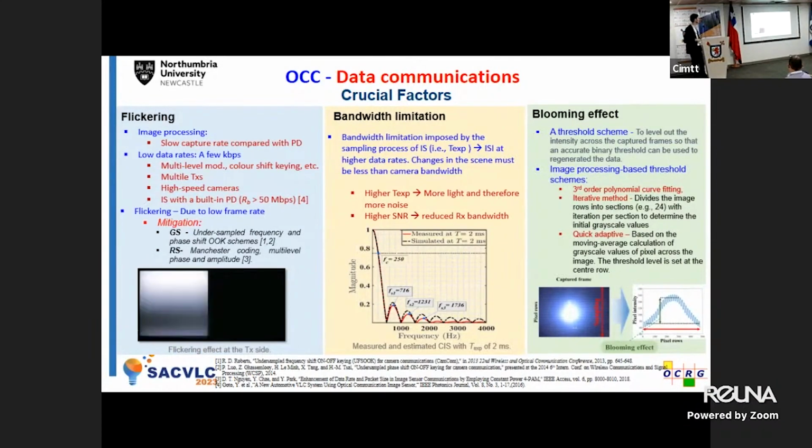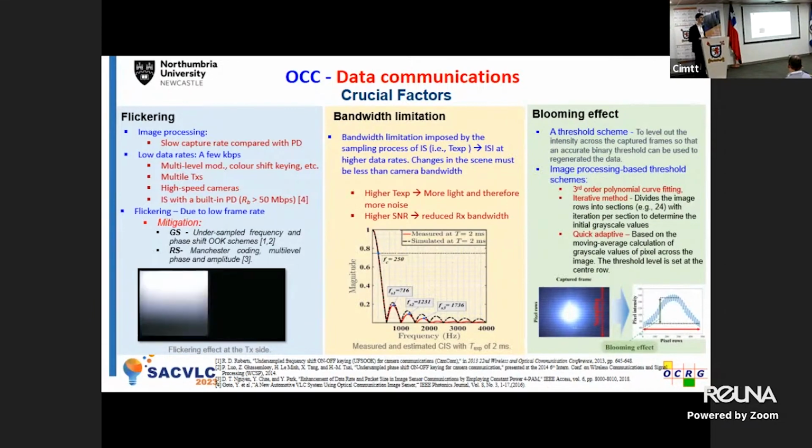Similarly, bandwidth limitation. The exposure of the camera is for a certain time. You can treat it as a low pass filter with limited bandwidth, because you trade off between the bandwidth and the light pumped into your camera.